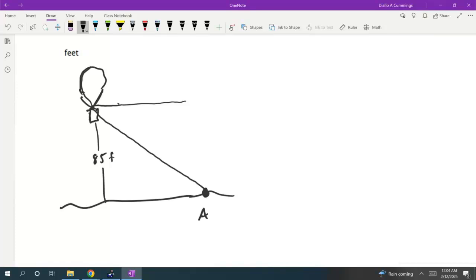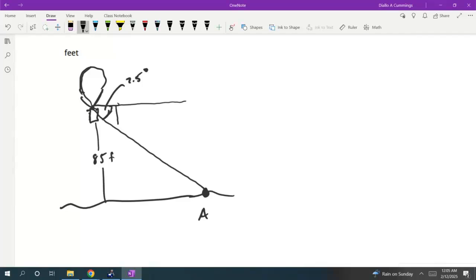This is our angle of depression, which is 7.5 degrees. So keep in mind, we're trying to find the distance from the observer on the balloon to the point on the ground A.